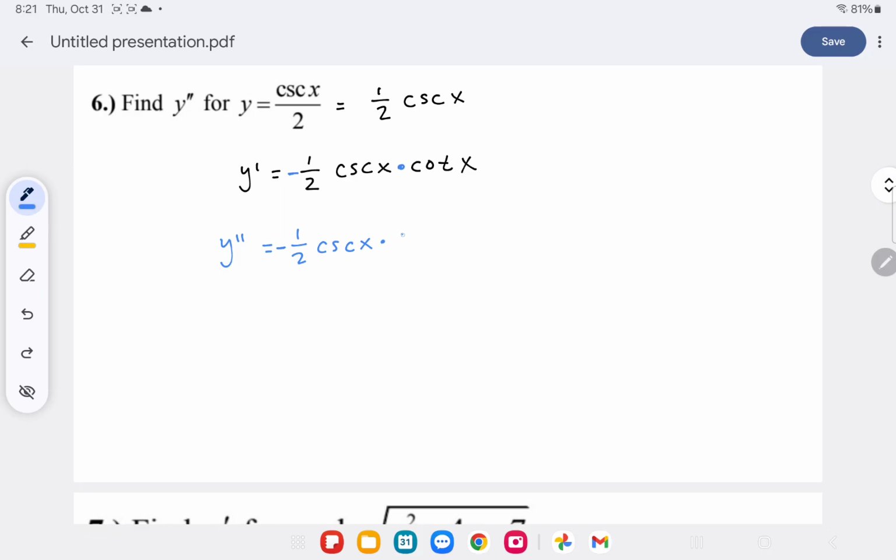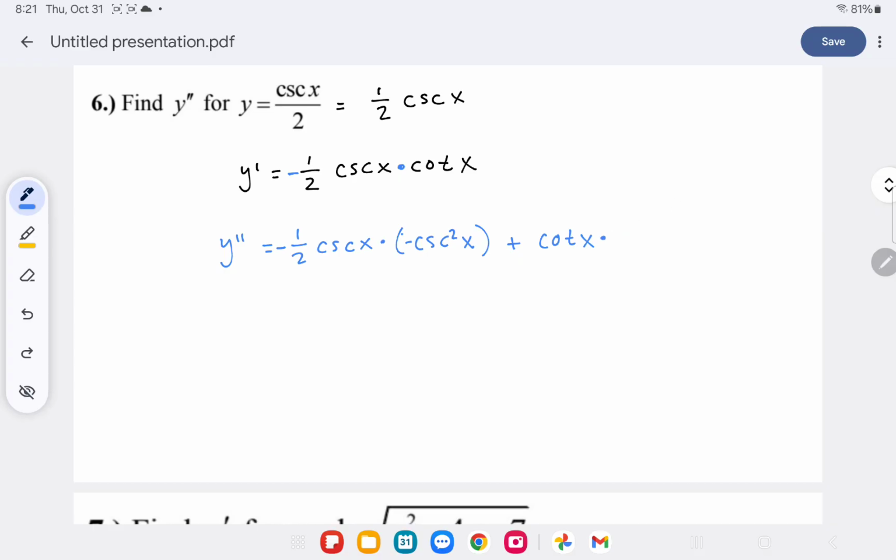is negative cosecant squared, plus, now I'm going to take the second function, which was cotangent, times the derivative of the first.